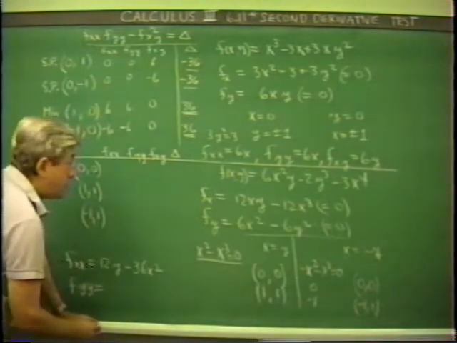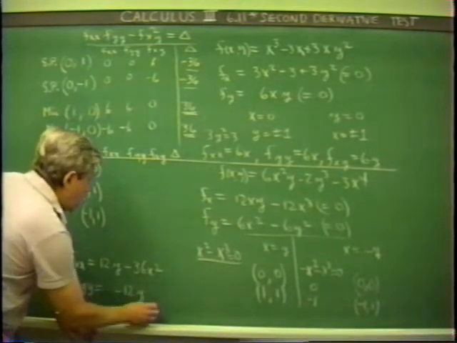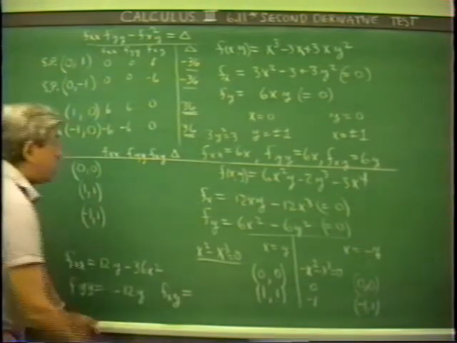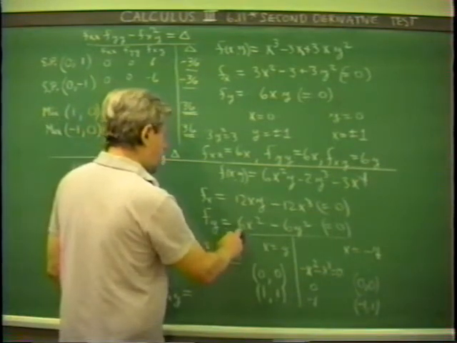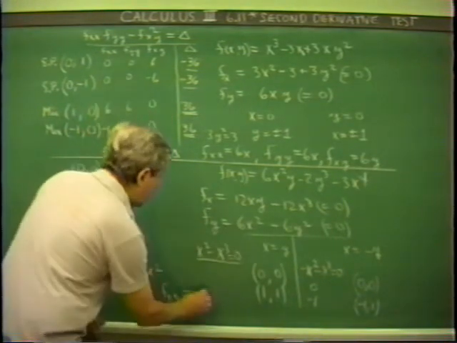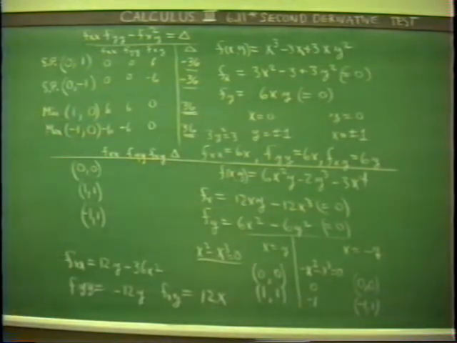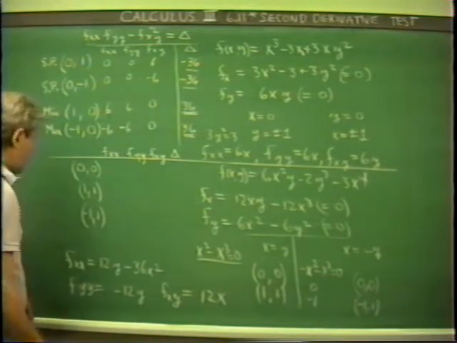Partial with respect to y and then with respect to y is going to be equal to minus 12y. The partial with respect to x and then with respect to y, or with respect to y and then with respect to x, is going to be 12x.